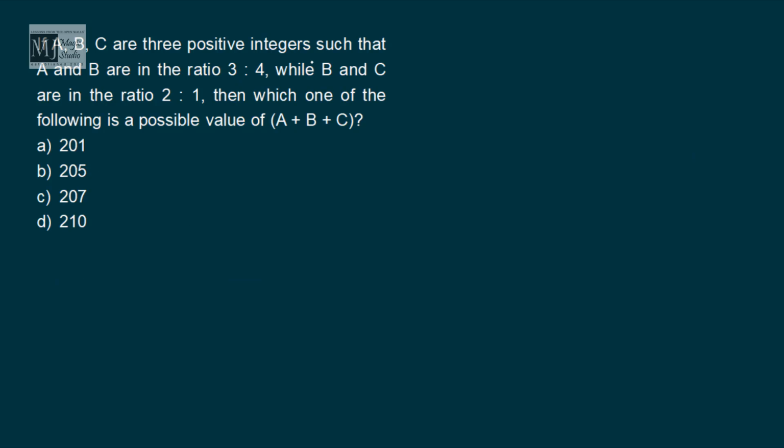If A, B, C are three positive integers such that A is to B is 3 is to 4 and B is to C is 2 is to 1, then which one of the following is a possible value of A plus B plus C? Can we just find the joint ratio quickly? Yes, we will have 6, 8, 4.